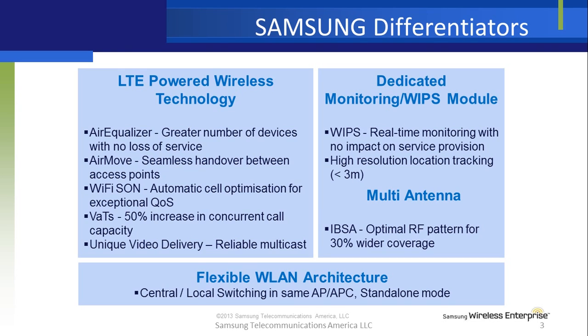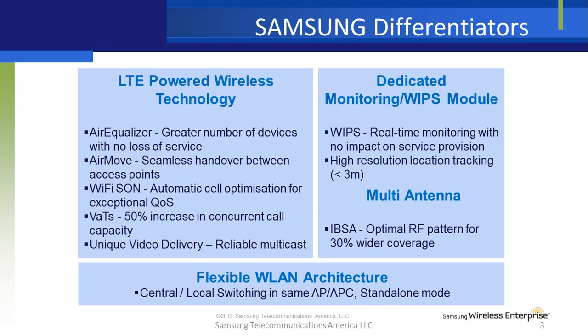So the reason I bring it up is the same team that has developed all the LTE core network product line has developed the Samsung Wi-Fi solution. So what that does is all the experience that we've learned on the LTE side when it comes to handling capacity or handling roaming issues when it comes to voice, we've brought all that engineering into our wireless solution.